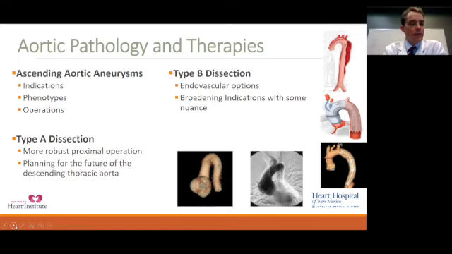We have dissections that, for the vast majority of cardiac surgery, have been broken up into type A and type B. That's changing quickly, and I'll get into that a little bit more. But in general, a type A dissection is a dissection that happens close to the heart, and a type B dissection is one that happens a little further down the arch. We do different surgeries, different therapies, different management for both those pathologies.